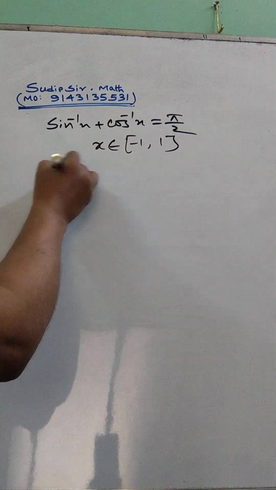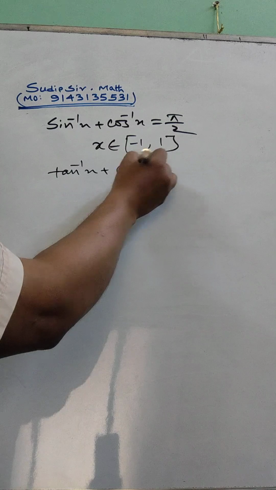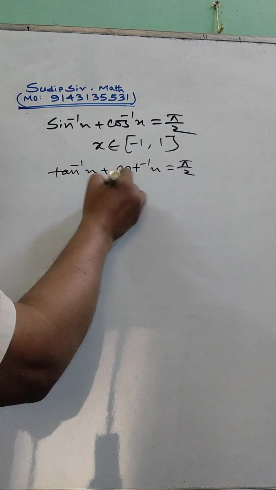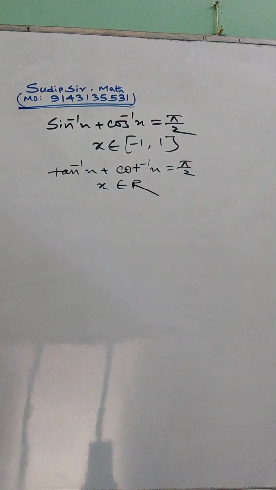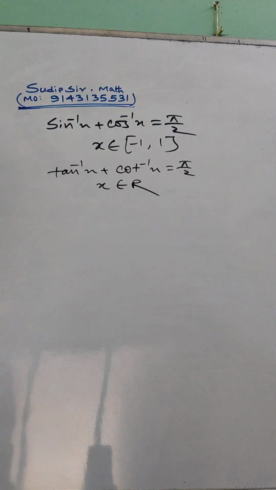And tan inverse x plus cot inverse x equals pi by 2, where x belongs to any real number.